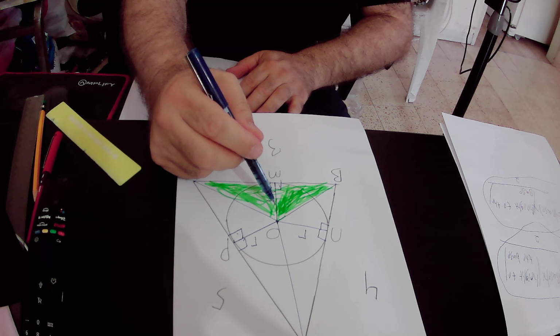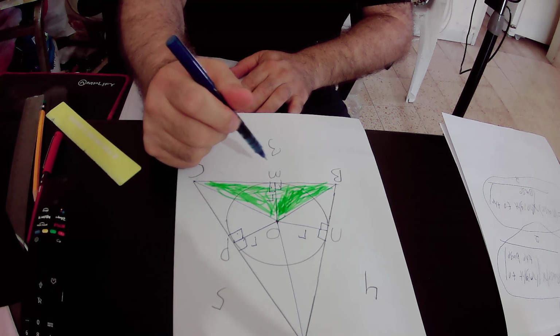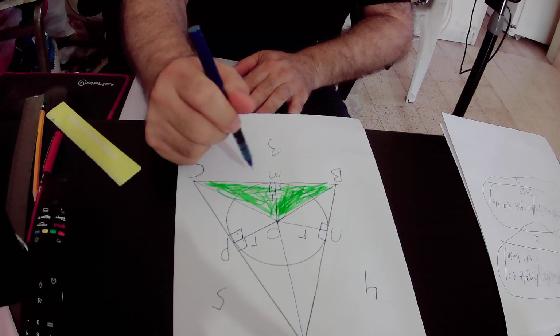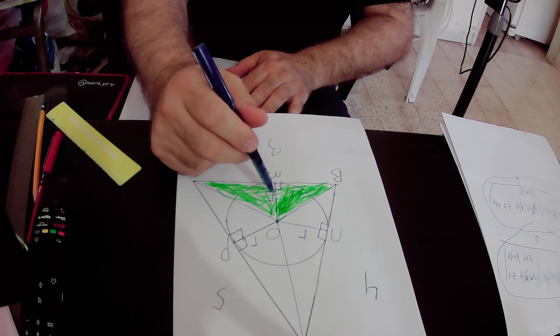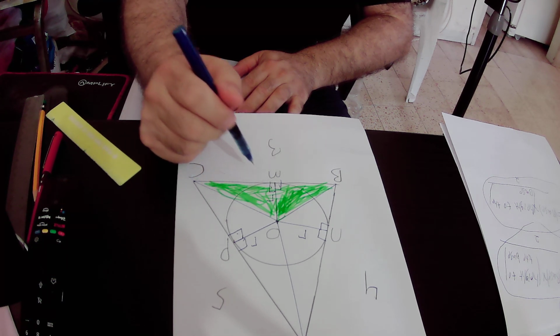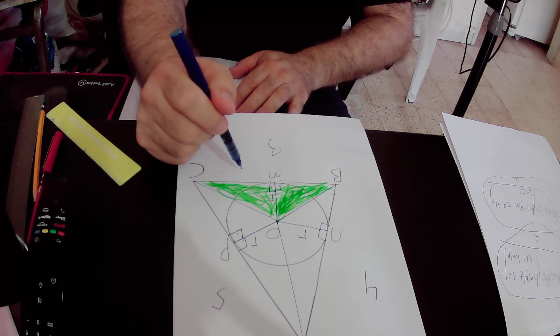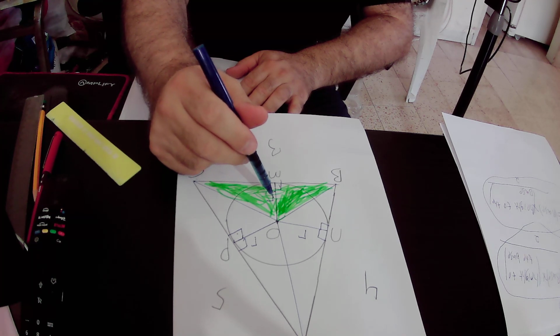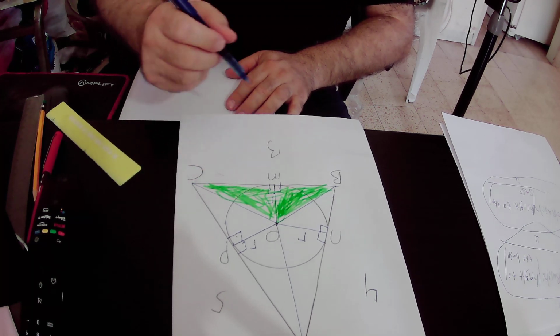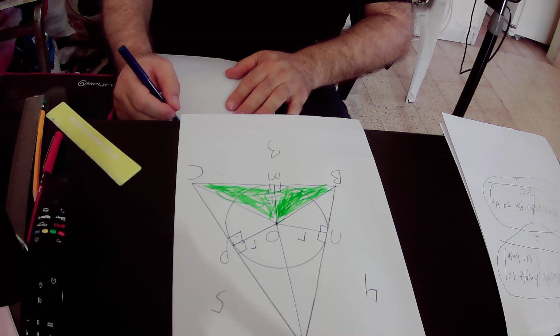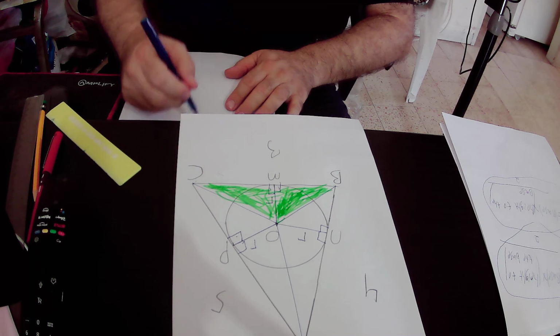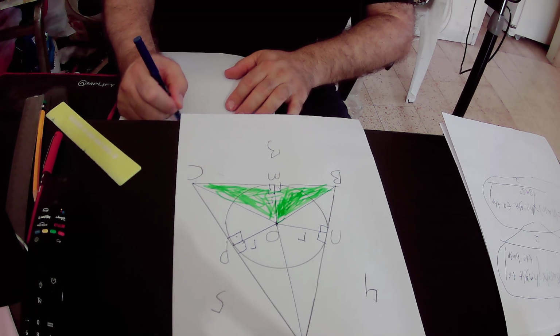In the green triangle, the height must create 90 degrees with the base side BC. So actually the radius creates 90 degrees with the base. For that reason, the radius is the height of the green triangle. So it is the base, 3 units, times the height. The height is the radius of the circle, divided by 2.